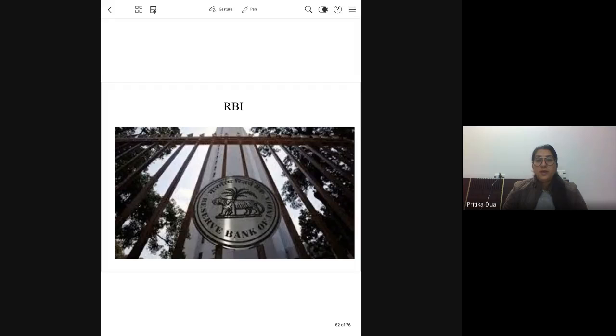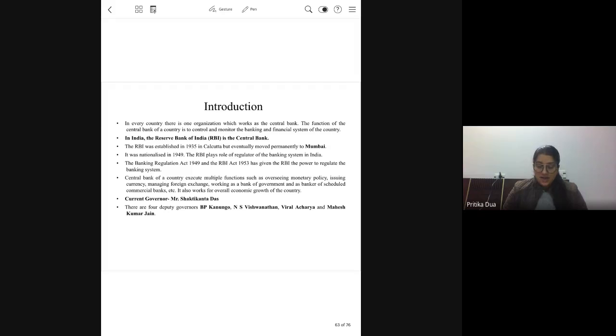It was incorporated in 1935, but nationalized in 1949, and then it was declared as the regulator of the Indian banking system. All of you are well aware of who the RBI governor is. He is Mr. Shaktikanta Das, and then you also have four deputy governors of RBI.